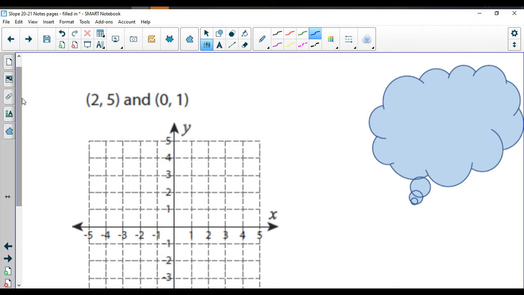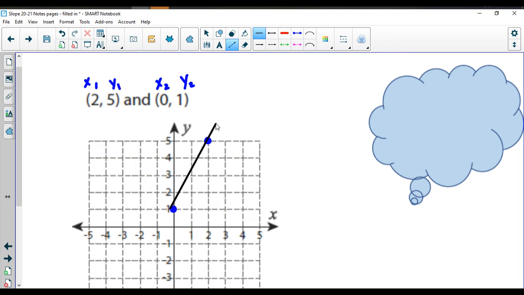For example, in this first one, we have 2 coordinates here. I'm going to call this x1 and y1, so the x coordinate and the y coordinate of the first pair, and the x coordinate and the y coordinate of the second pair. I can plot these on a graph, (2, 5) and (0, 1), and I would be able to take a look at the line that's made between the 2 of them.